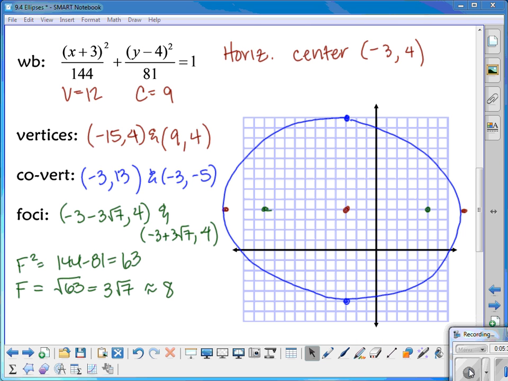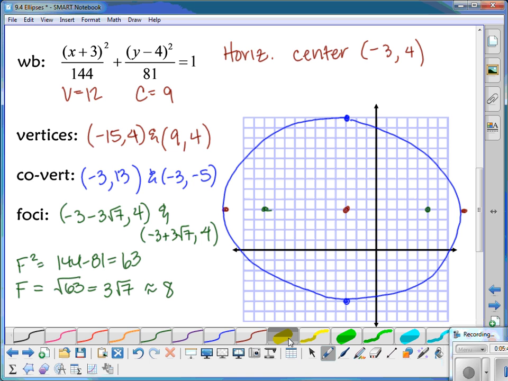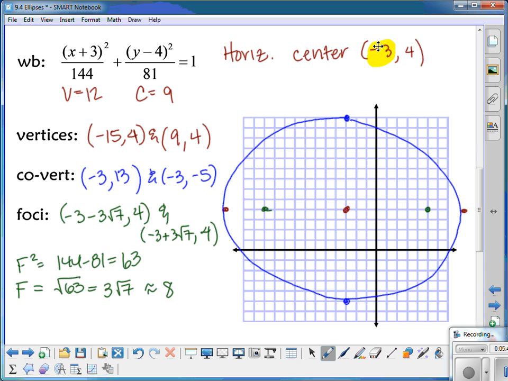Okay, so this one was horizontal, and the center was at -3, 4. The vertices ended up coming out to -15, 4 and 9, 4. And again, you can see, my x was at -3, but then it's changing by 12. So if I do -3 minus 12, I get -15. If I do -3 plus 12, I get the 9.